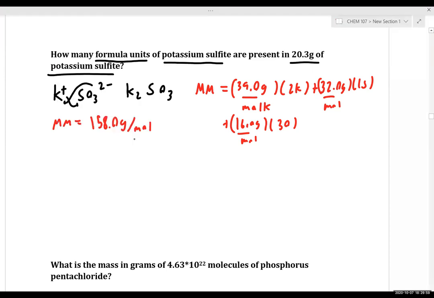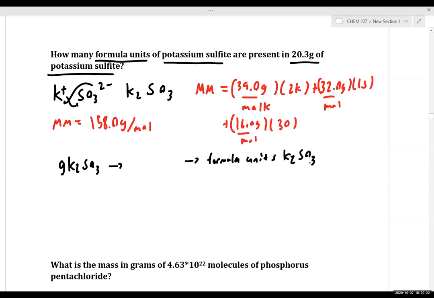Okay, so now that we have this molar mass figured out, let's look at what we're being asked to do in the problem. So we're asked to go from the grams of potassium sulfite to the formula units, which you can think of formula units exactly the same as molecules.